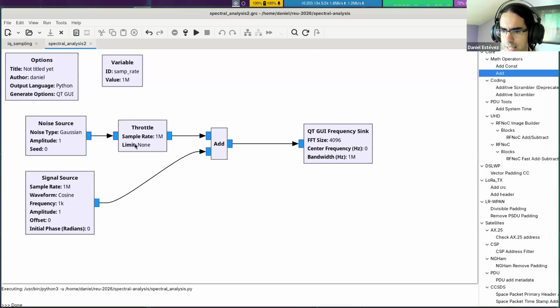Here, someone might ask, does it matter to put the throttle block here, on just one of the signals, or here? Do I need a second throttle block here if I put it like this? And the answer is no. You should only have one throttle block, so don't put a throttle block here. And also, you can either put it here or there. The reason for that is the throttle block is limiting the rate at which samples flow through here. You can think of this like a valve, but then add is going to get one sample from here, one sample from here, and send it to the output.